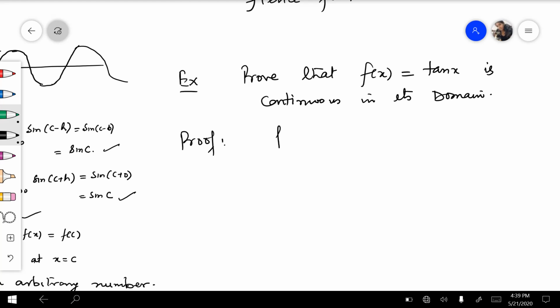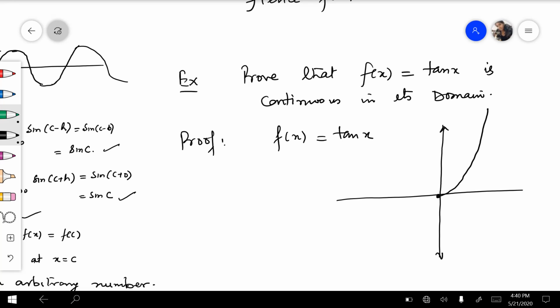Again, if you remember the graph of tan function, at 0 it is 0, and between 0 to pi by 2 it increases up to infinity, and between minus pi by 2 to 0 it decreases, tending towards minus infinity.